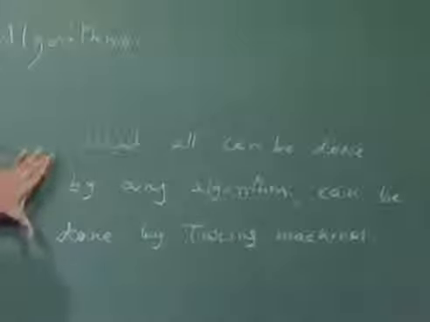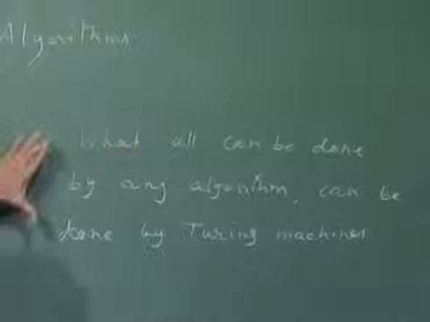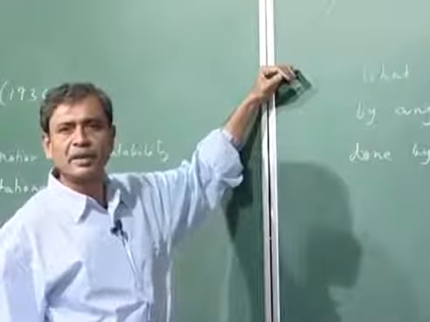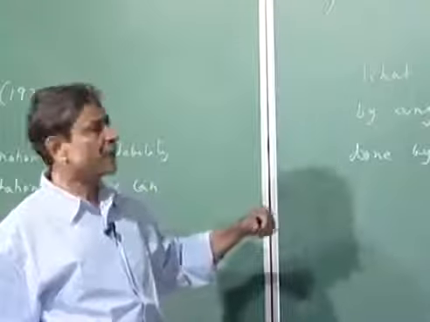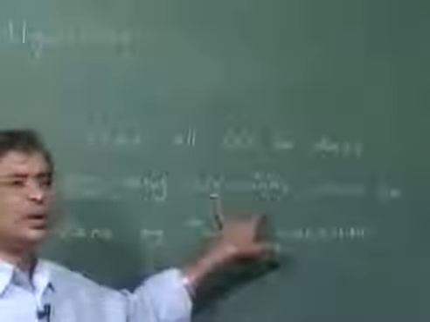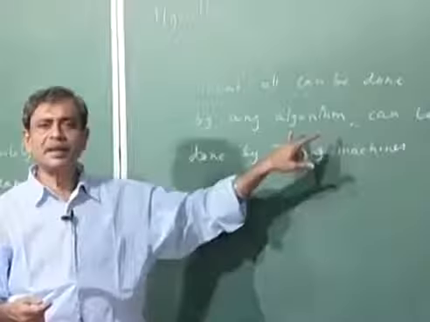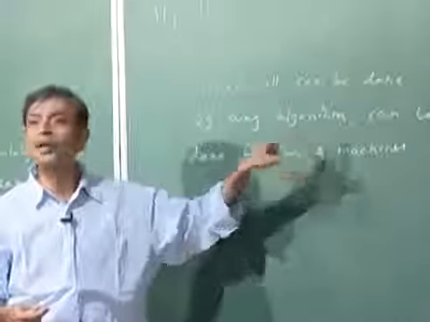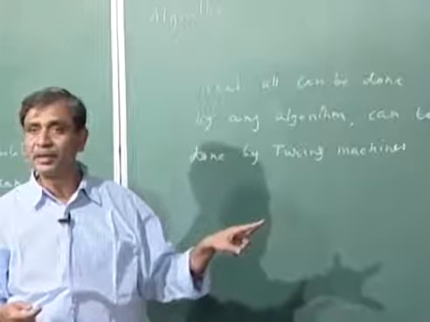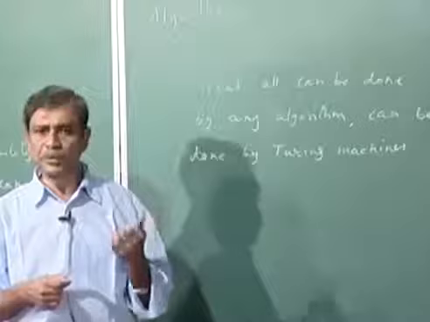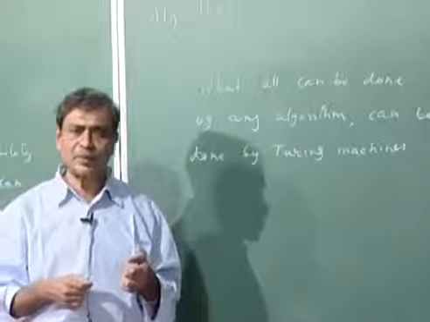Now, if you say that you want a proof of the statement, what does it mean? Since a proof is something formal, one must understand formally what an algorithm is. But algorithm as a notion is an intuitive notion. Why do I say so?